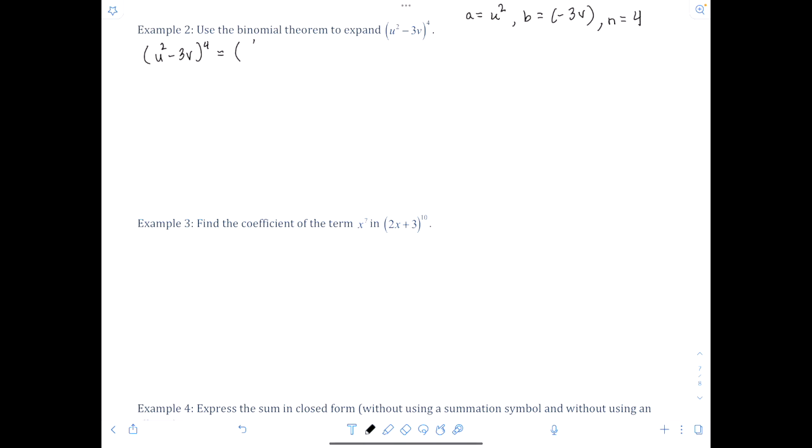this would be 4, choose 0. And we would have our a, which is u squared, raised to the 4 minus 0, sorry. And then our b would be raised to the 0.